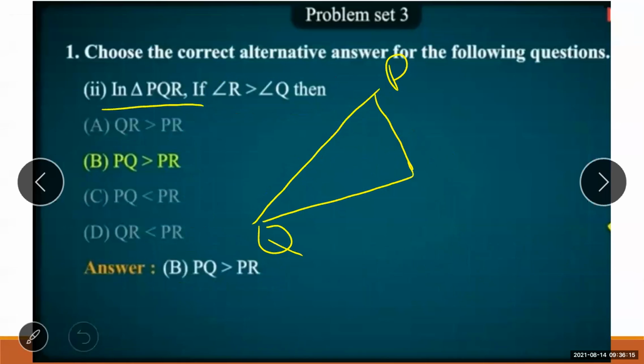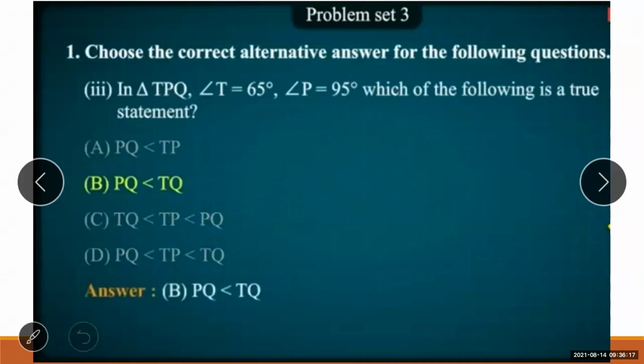Now the next option. Okay, see what it is. In triangle TPQ, the angles are given. P is given as 95 degrees, T is given as 65 degrees. Now for it I will draw a diagram that will help to understand it easily.